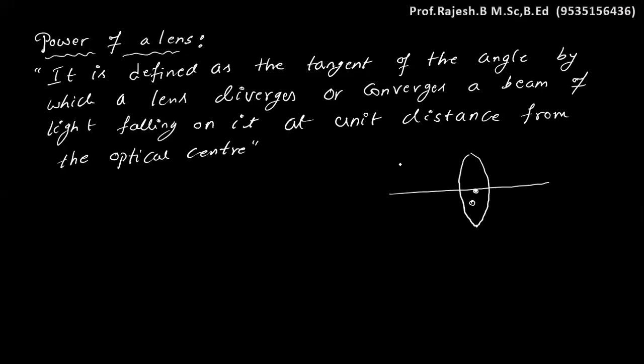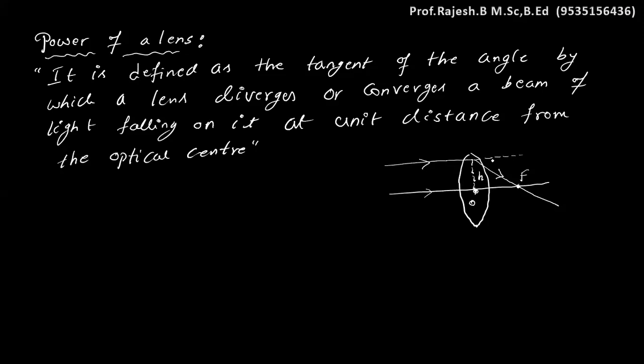Any light which comes parallel to the principal axis will pass through the focus like this. See, this is the one height h we take. And here is the principal focus. After refraction, it has to pass through the focus.